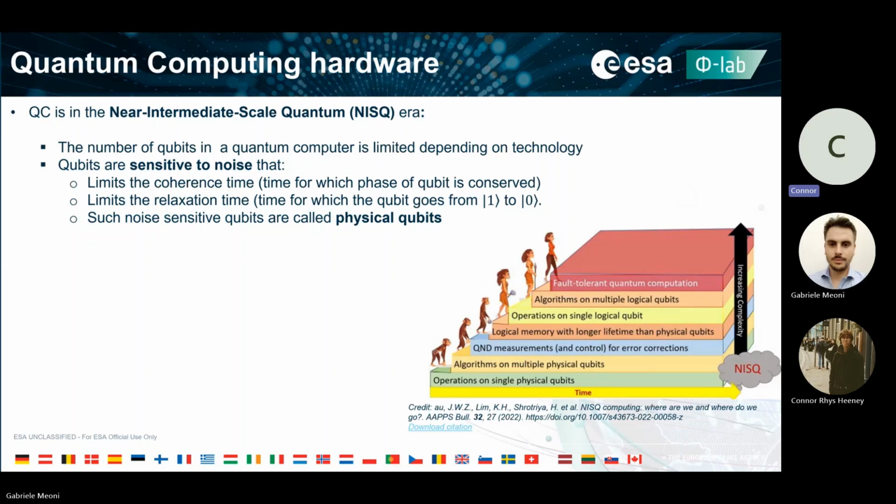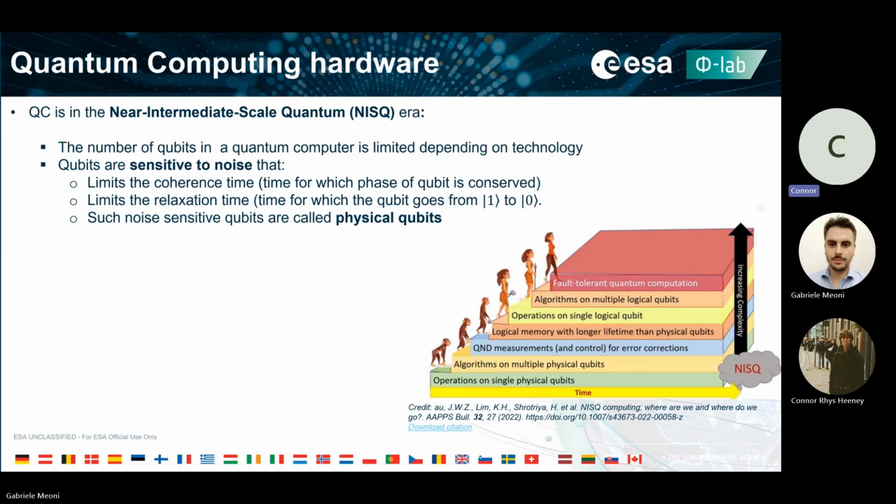Every qubit, since it interacts with the environment or the noise of the circuit itself, after a while loses the phase information. So they have a limited coherence time. We saw before how important the phase is; it's the key to solving the algorithm before. So limited coherence time means that some problems cannot be solved. Or limited relaxation time: after a while, a state that is 1 goes to 0.